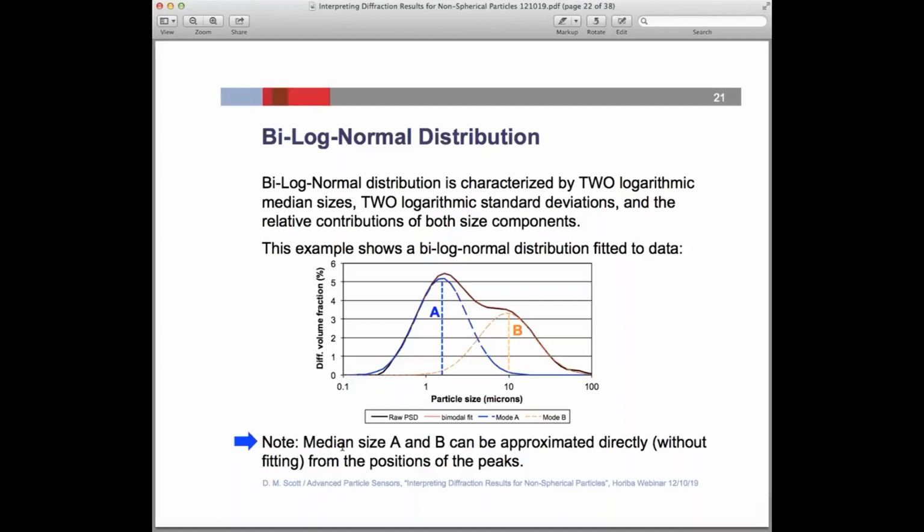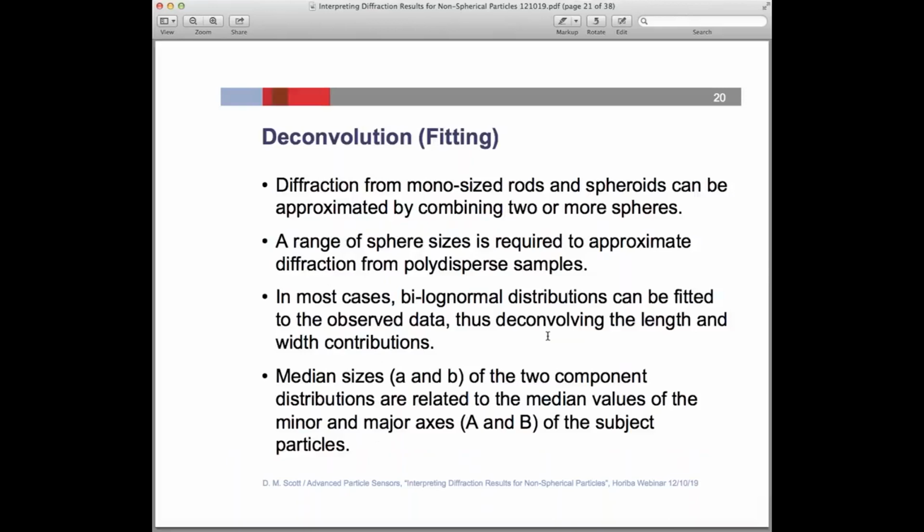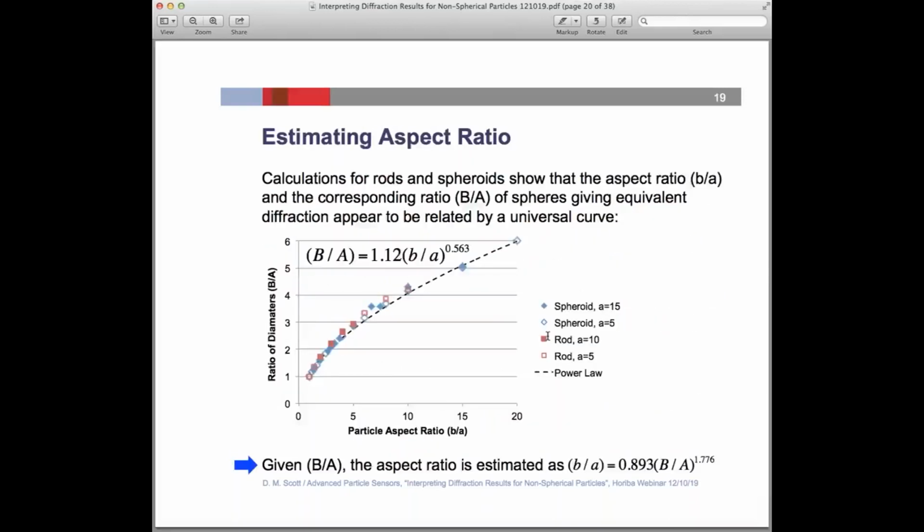Okay, note, you don't even have to do the fitting. If you just want to know approximately what the aspect ratio is, you can look at the first peak and the second peak, take the ratio of those two sizes, and then go back to this plot here, and you can read off an estimate for the aspect ratio.